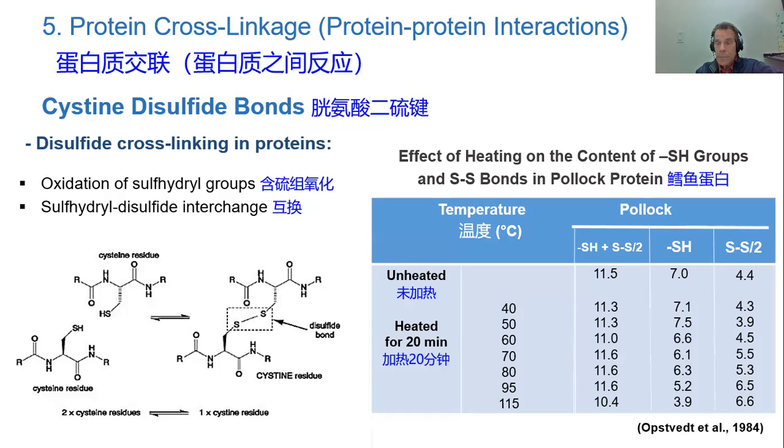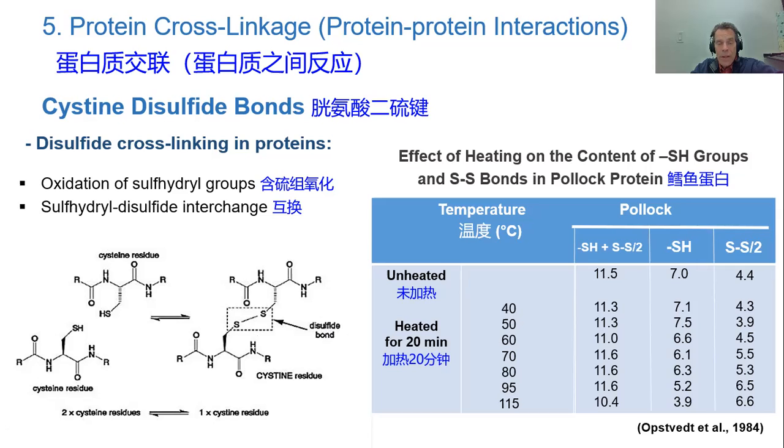Okay. Now, the other important protein cross-linkage I mentioned is the creation of the cysteine disulfide bond, right? The cysteine to cysteine molecule. Two cysteines have very strong affinity together. Their sulfhydryl groups will align and bind and create a disulfide bond.